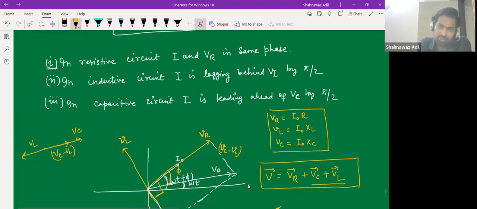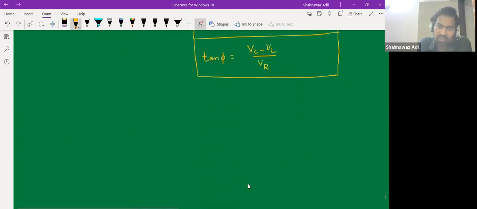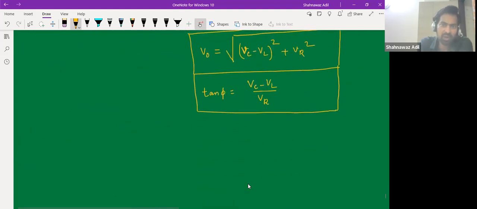Understood? Yes. Okay, so now let us find the value of current, because we want to find the value of current. So let us use this first equation.